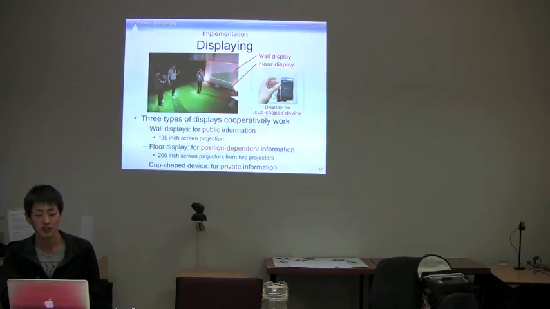A short focus projector is used for a 130-inch screen for each. The floor is also used as a display. It is useful for showing information depending on the position of people. 2 short focus projectors from 2 opposite sides project to the same area to avoid occluding the participants' feet.